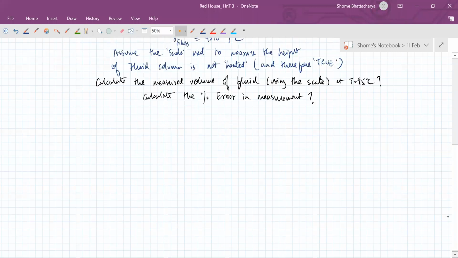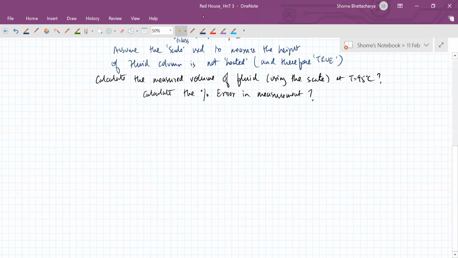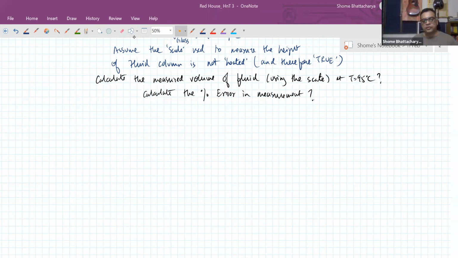Okay, so let's understand it this way. At the original temperature T naught equal to 15 degrees C, the volume of liquid in the container was the base area into the height.